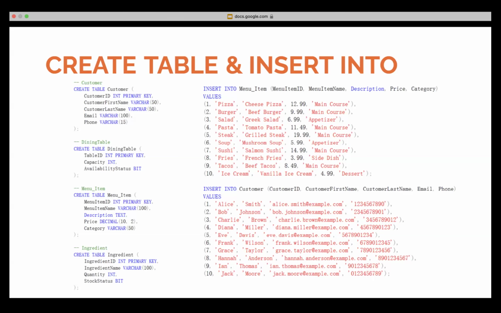These rules guarantee that the data is reliable and well organized. Insert data provides the initial data necessary for testing and real-world operations. It ensures the system can handle various tasks such as order processing, customer management, and inventory tracking.